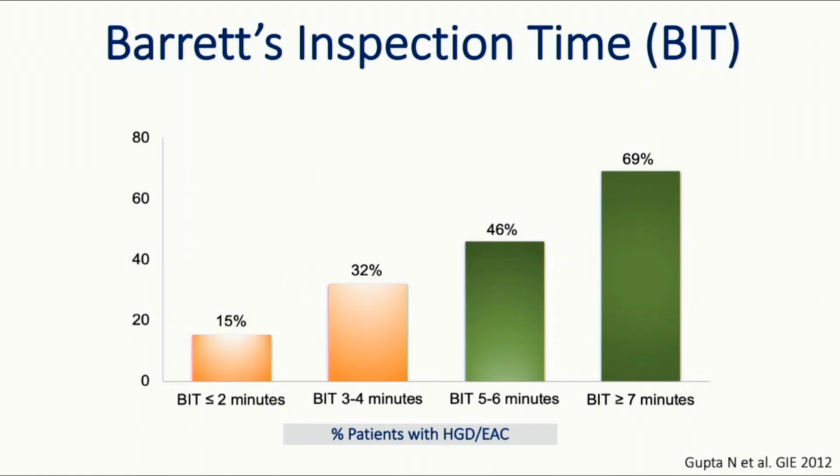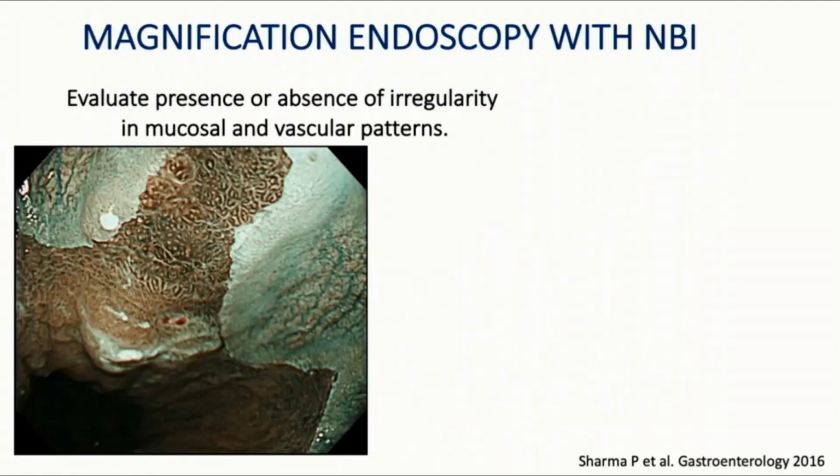As your inspection time increased to 4, 5, 6 minutes, you were able to diagnose more patients with high-grade dysplasia and adenocarcinoma. So that is another pearl for you to remember in your practice on how to improve surveillance protocols. You can use NBI, BLI in your practice.